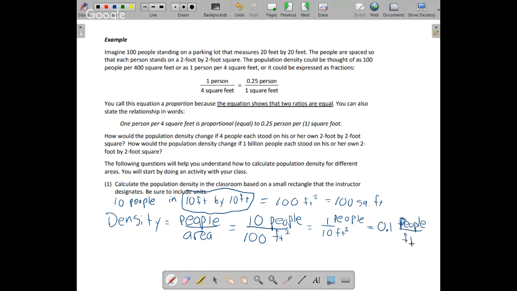Here I've written it as a unit rate because there's no more denominator. So there's a bunch of ways we can describe this particular population density. Let's see what comes next.